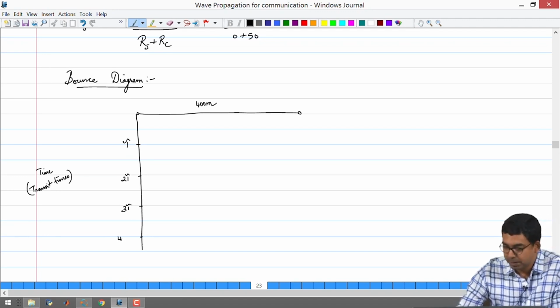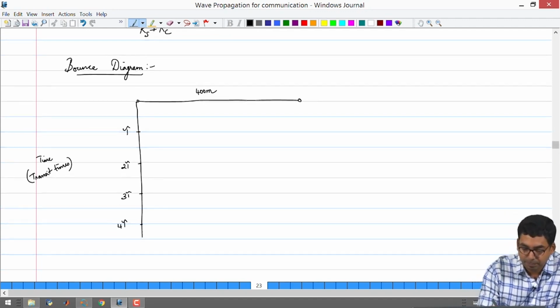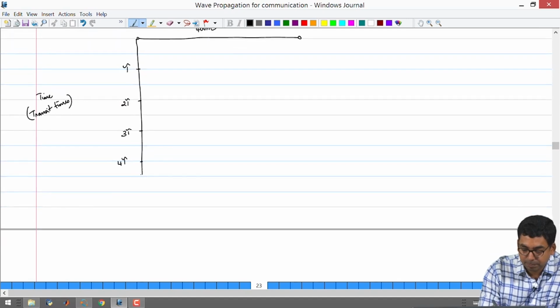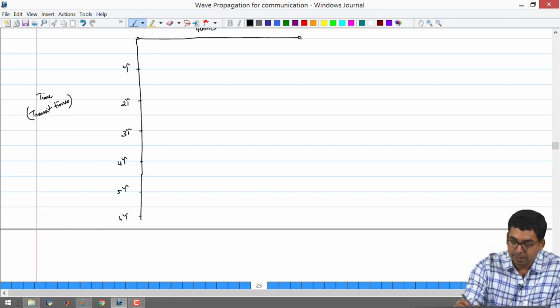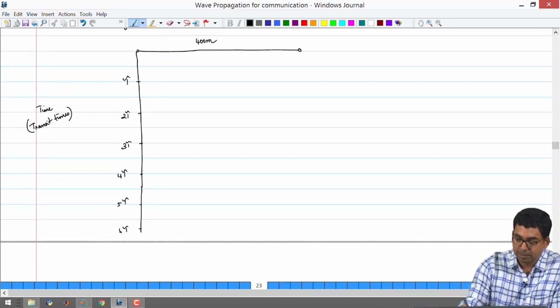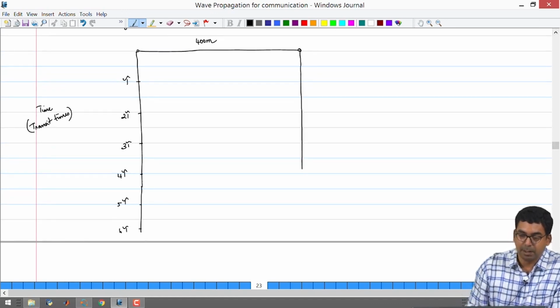Let us do it for 6 transit times. On the other side also you will have an axis, which is going to denote your transit time.